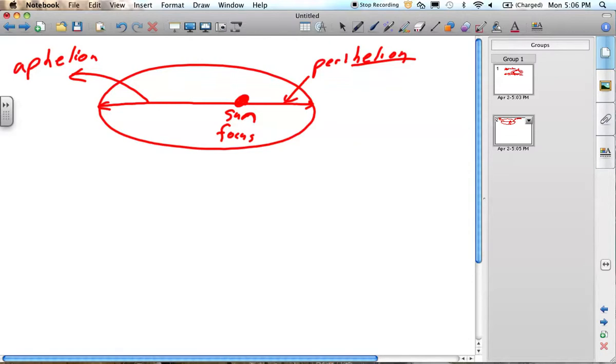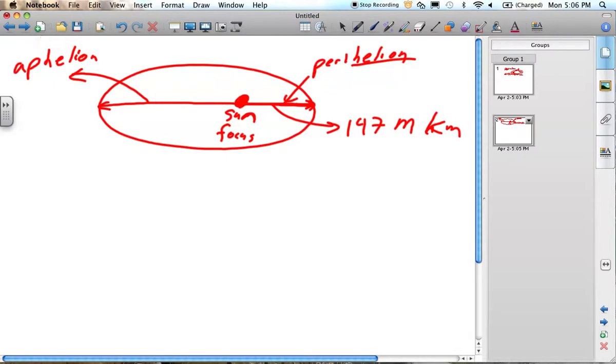So typically with the Earth, the distance from the focus to here, our perihelion, is 147 million kilometers.